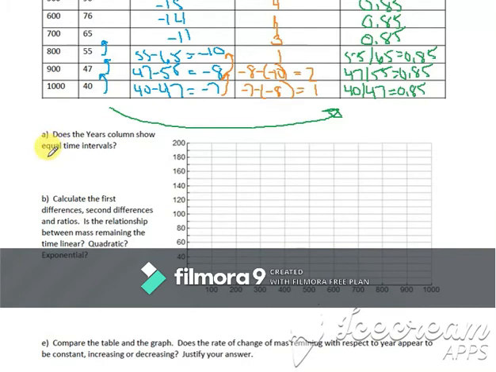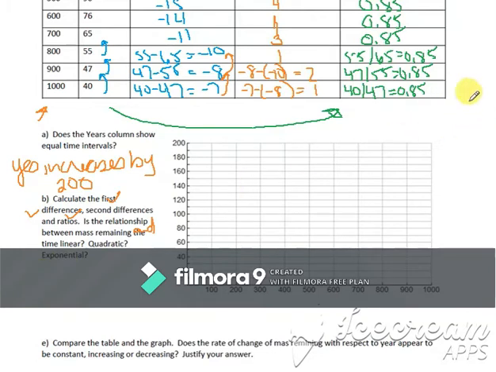A, does the years column show equal time intervals? Yes, it shows everything going up by 200. Yes, it increases by 200 each time. Calculate the first differences, done, second differences, done, and ratios. Is the relationship between mass remaining and time linear, quadratic, or exponential?